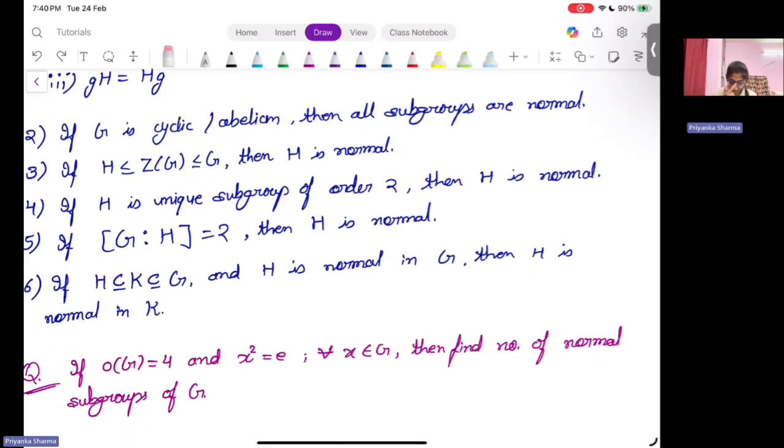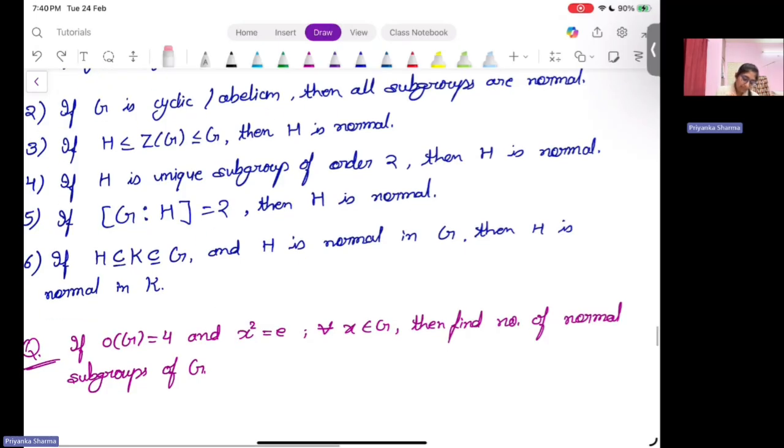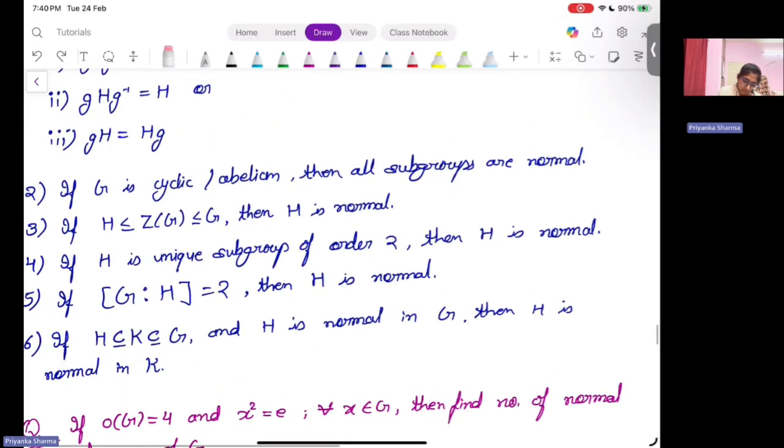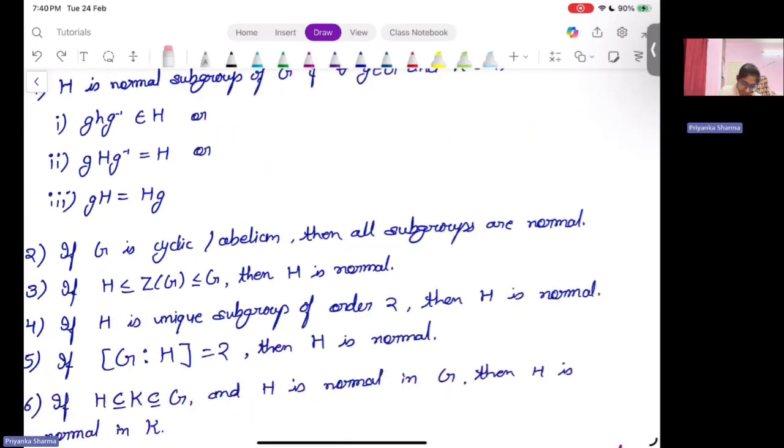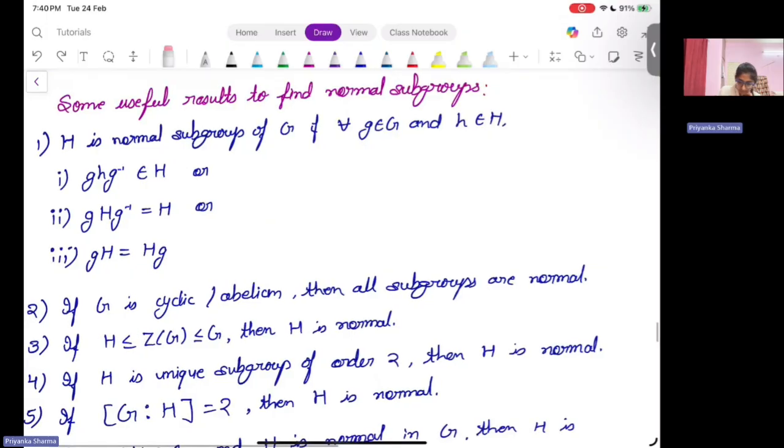And another one, if the index of H in G is p, where p is the smallest prime which divides the order of G, then H is normal. We have that also. And if H is a subset of K and K is a subset of G and H is normal in G, then H is normal in K also. Okay. So we can use these results or definitions to find normal subgroups of a given group, or to check whether a given subgroup of a group is normal or not.